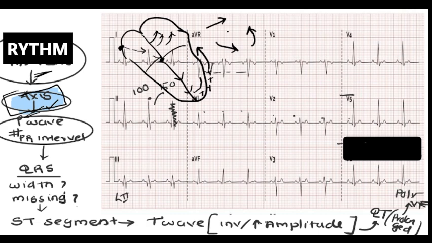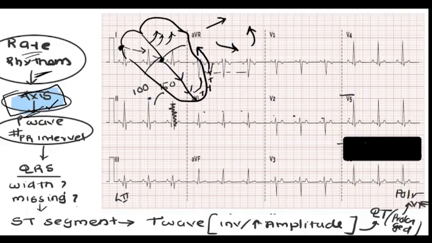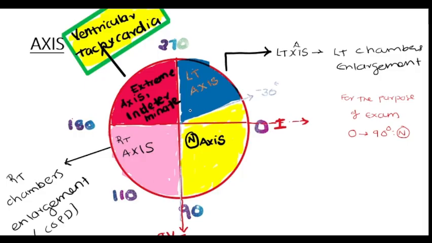The net electrical activity is basically the axis. Let's say this is the normal axis, the left lower part; you can see the yellow shaded area, this is the normal axis. That is minus 30 to 90 degrees, but for the purpose of the exam, taking 0 to 90 would be easy for us.